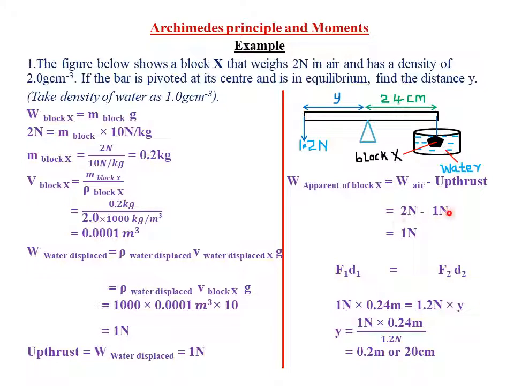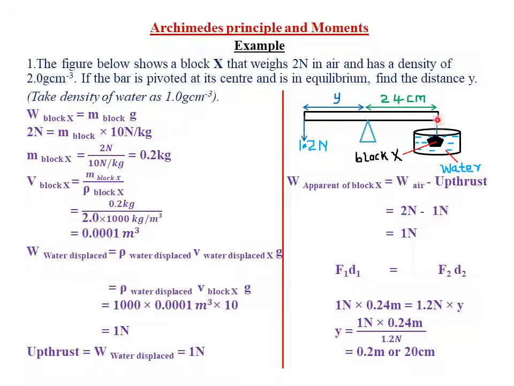Therefore, 2 Newton minus 1 Newton gives 1 Newton. So that is the apparent weight of the block X, which will be the force acting in this particular string. So remember, the force in this string is the difference between the true weight of block X and the upthrust, which is called the apparent weight of that particular block X.